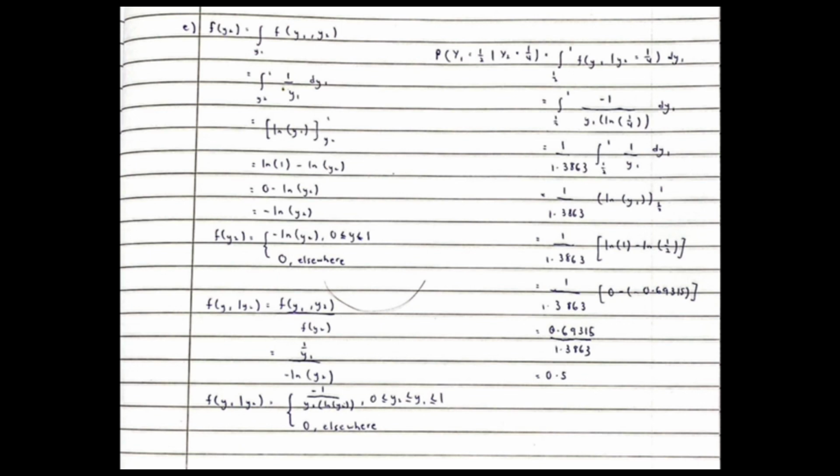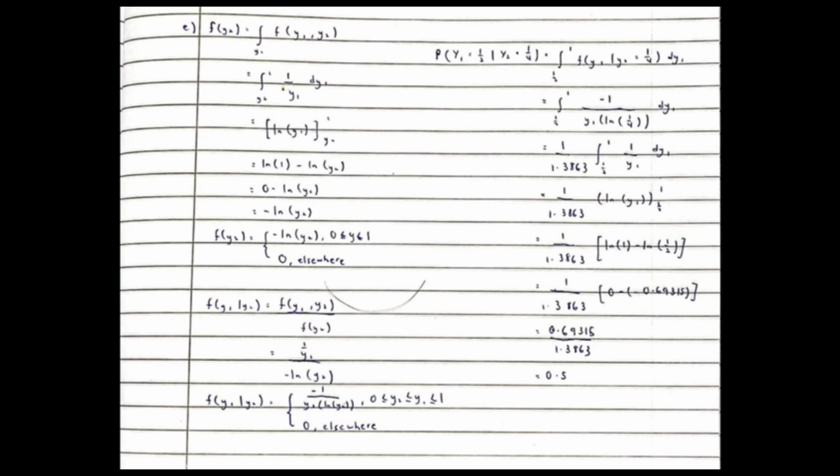So first we need to find the marginal density of y2. I get negative ln y2. Therefore, f(y2) is equal to negative ln y2, where 0 ≤ y2 ≤ 1. Next we need to find the probability of y1 greater than 1/2 given y2 equal to 1/4, and I get negative 1 over y1 times ln y2.